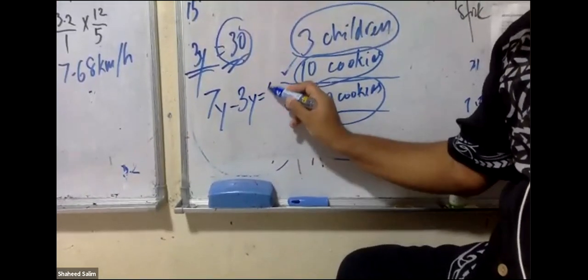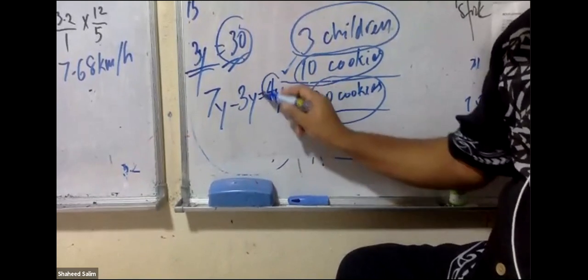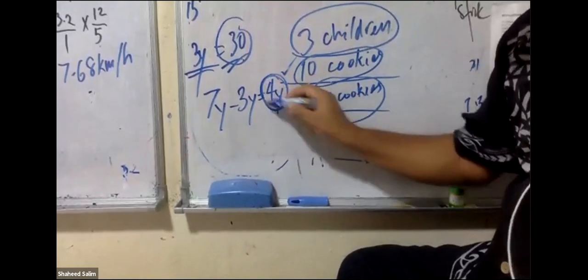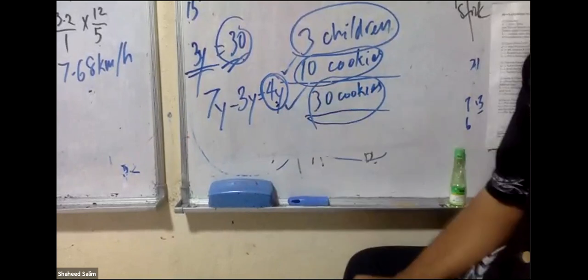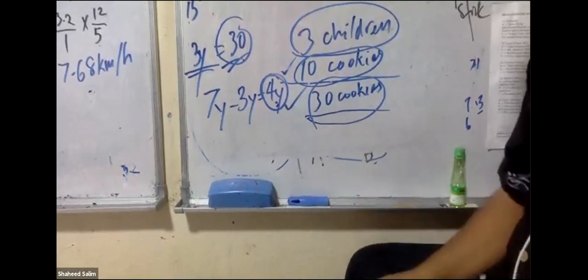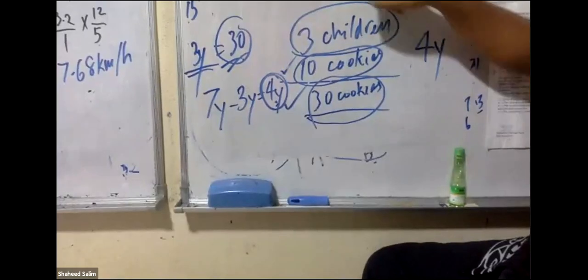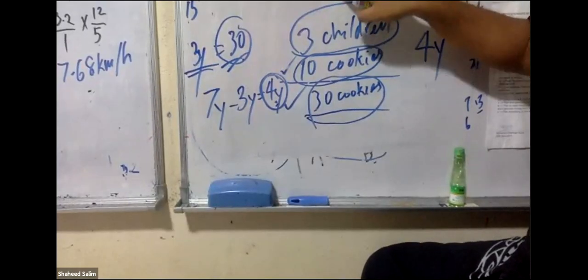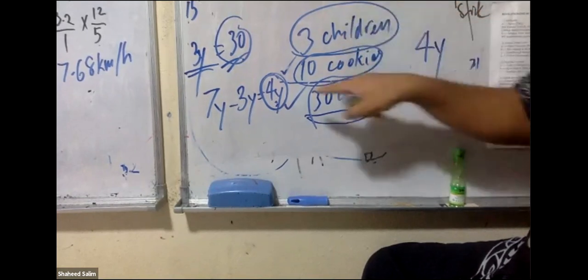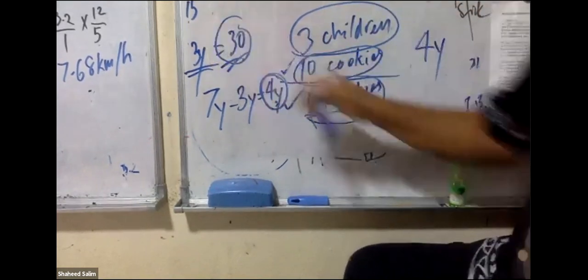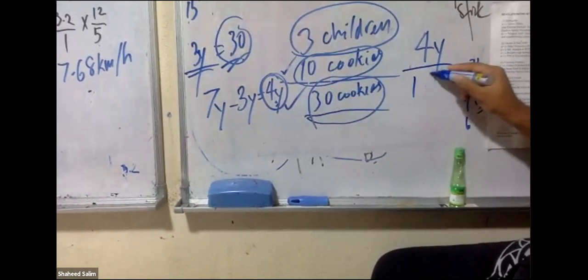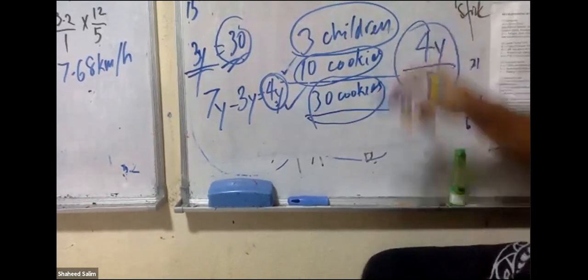The answer is 4y. 4y is the total number of cookies the children received. Remember the formula: total number of cookies divided by the number of cookies each child received. Each child received 15. So 4y over 15 is the answer.